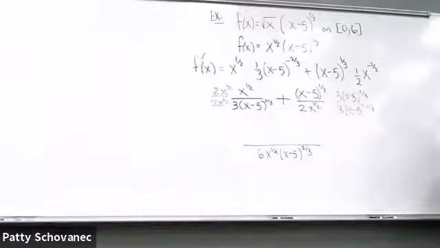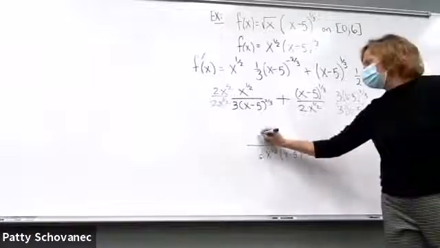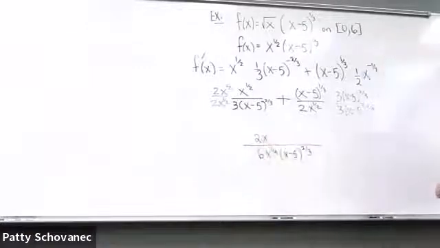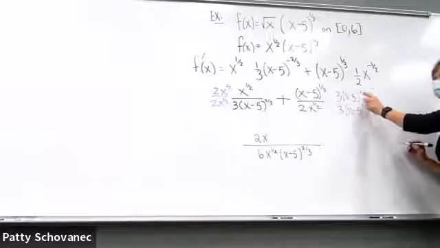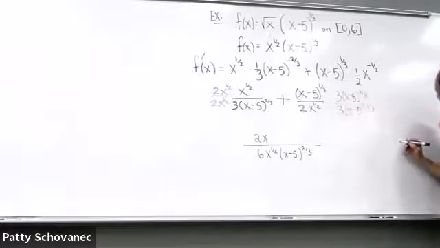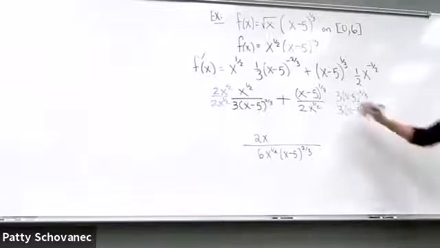Remember when you multiply like bases that you add the exponents? So 2x to the 1/2 times x to the 1/2 is just 2x. We'll have a 3 here, but again, you add exponents. This is a 2/3 power and a 1/3 power. So I'm going to end up with an x minus 5 to the first power with the 3 in front of it.